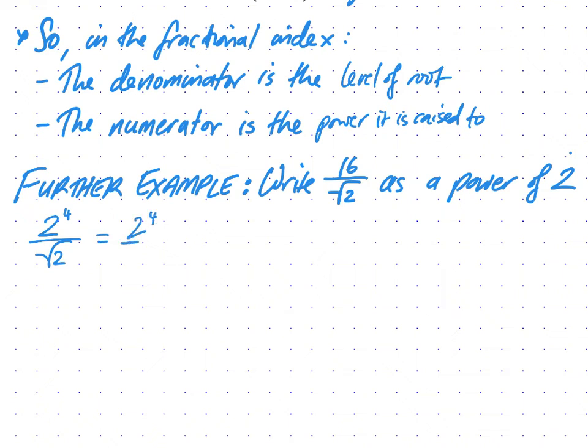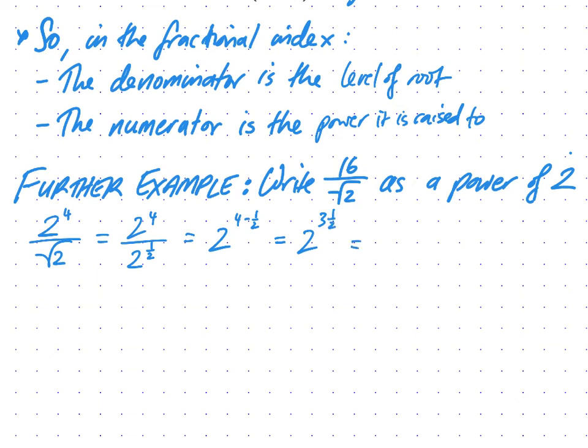We just learned in this video that the square root is actually a power of 1/2. Now we use our index laws. We have the same base number of 2. You're dividing, so you take away the indices. So it's 2 to the power of 4, take a half, which is equal to 2 to the power of 3.5, which is the answer.